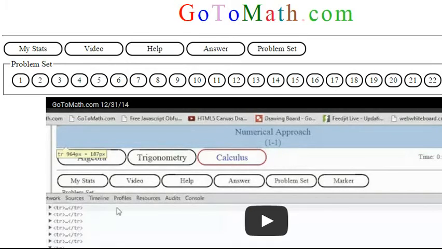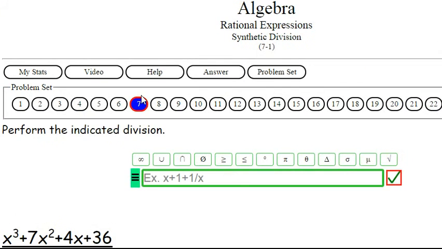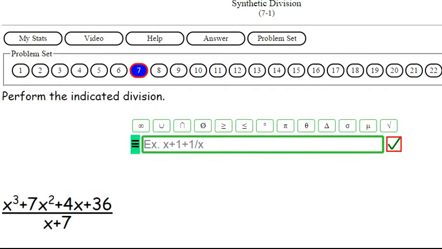Hey, we're at gotomath.com. Click on the algebra. Let's go down to synthetic division. We're looking at 7.1.